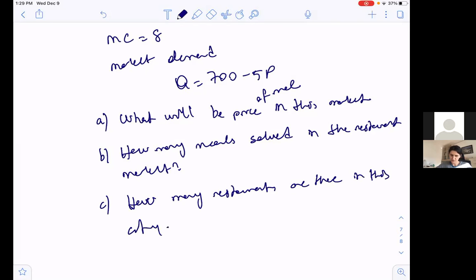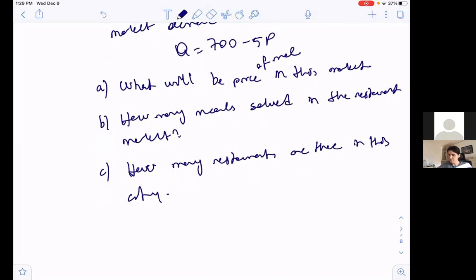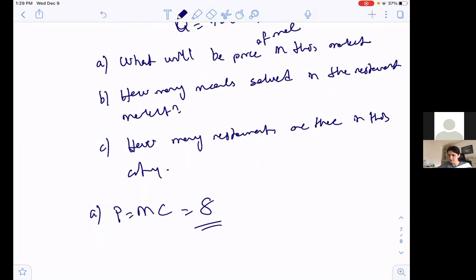First, in order to find the price, price is equal to the marginal cost. We know the marginal cost, which is 8. So the price of the meal in this market is 8. B, how many meals will be sold in this city every day? We know the quantity demanded: 700 minus 5p, so 700 minus 5 times 8.